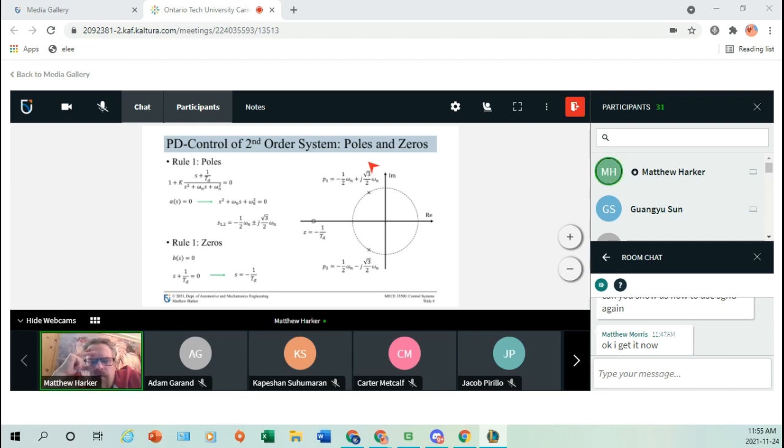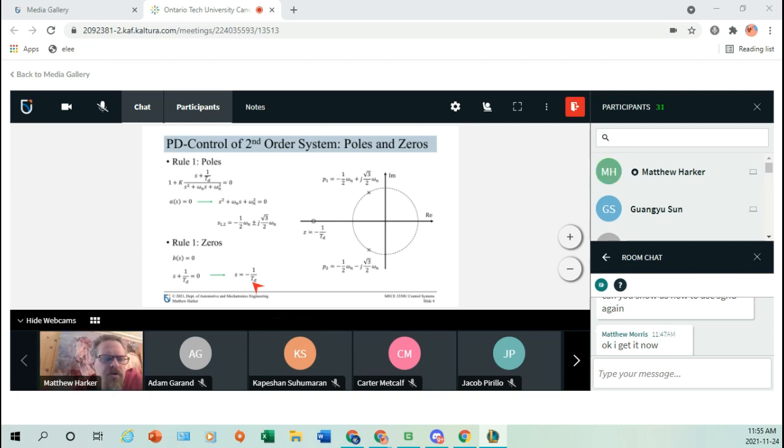Right, so the only addition to this is that we have now added a 0, right? So adding PD control instead of just the P control, we end up with an additional 0, right? So that one is completely dependent on that TD parameter, right?